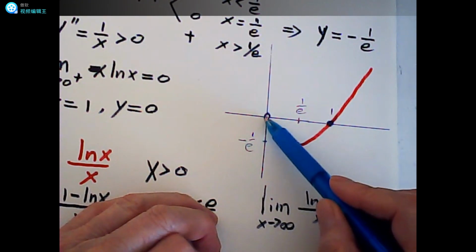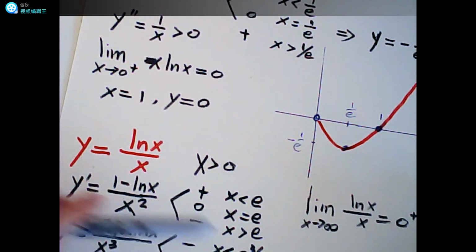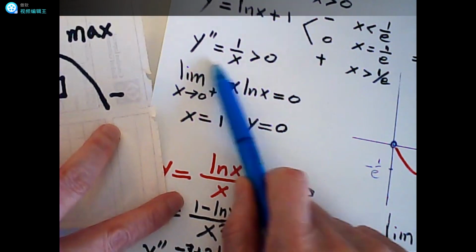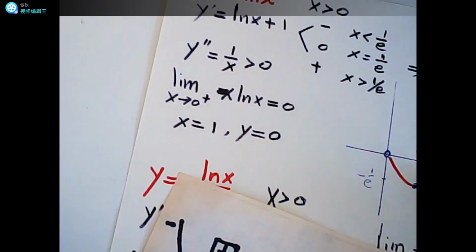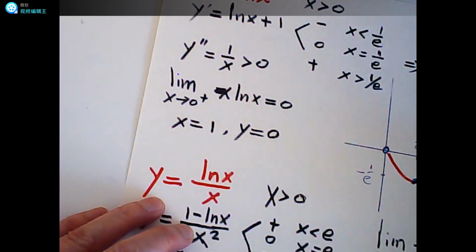Don't forget there's a hole here. That means the function is not defined at 0. We can check easily. The second derivative is positive, so the shape looks like this, decreasing, and after this point, increasing.